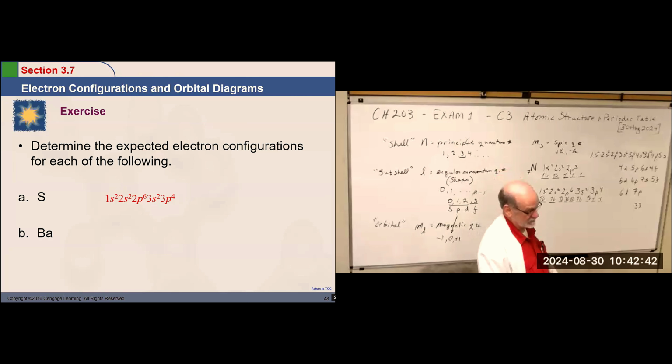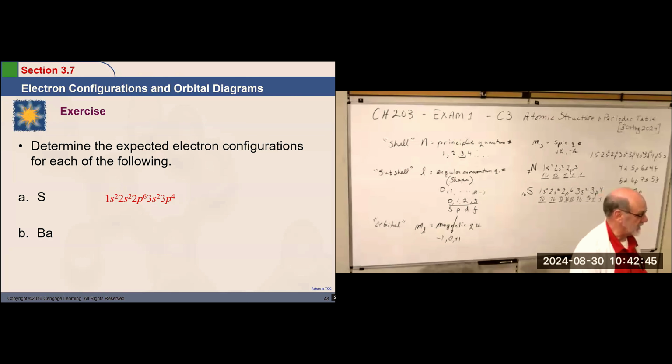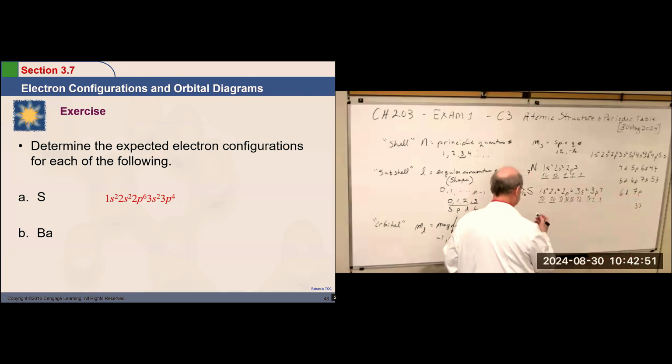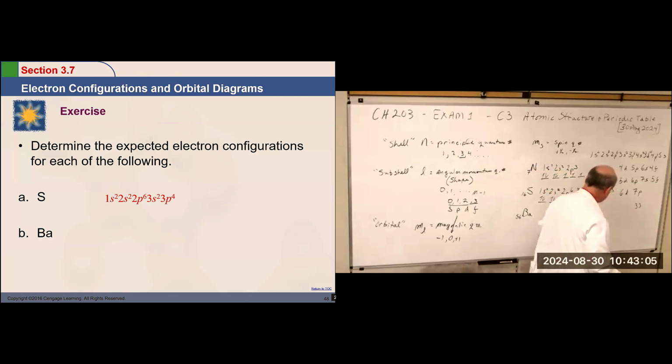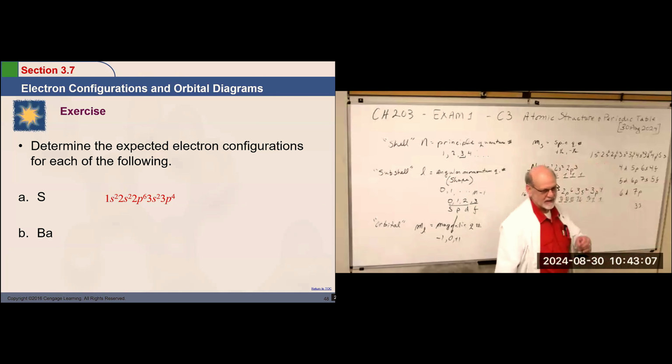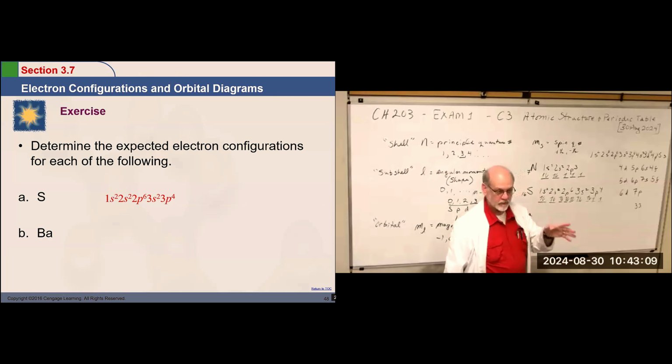Okay. These can get really complicated when you get to the bigger atoms, like barium. How many electrons does barium have? 56. If we did barium, we'd have to go out here and then swing around and put some more underneath. So here's what we do.